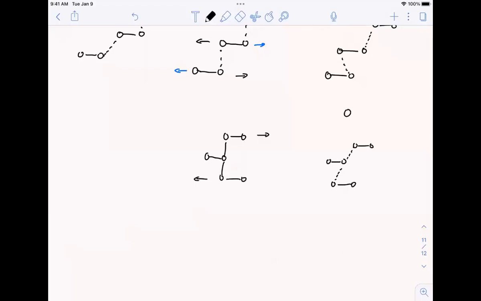Okay, this is Q smaller than 0. Then Q bigger than 0 will be the opposite.